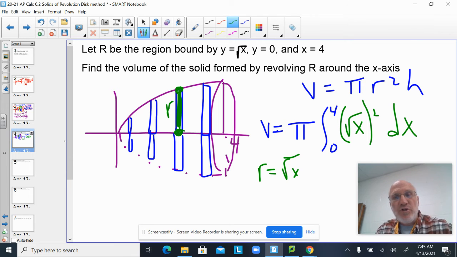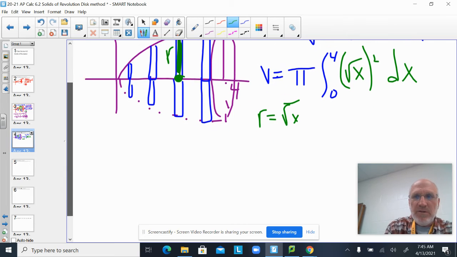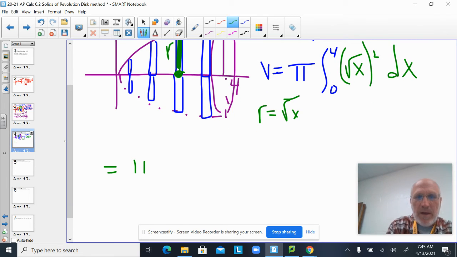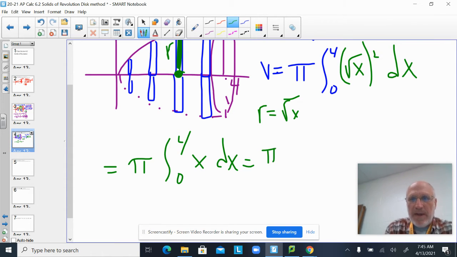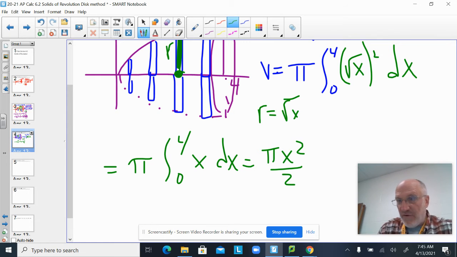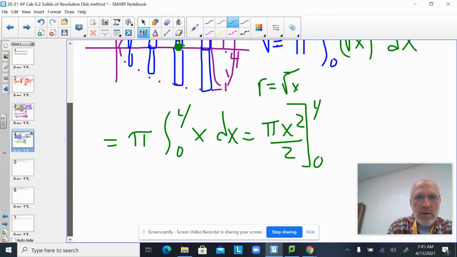Just like with u substitution, once you get to the integral, sometimes the integral itself is not that difficult. So now let's finish it from here. This is pi times the integral from 0 to 4. Conveniently, root x squared is just x. So that's just pi times x squared over 2. That is the antiderivative of x. And that's from 0 to 4.